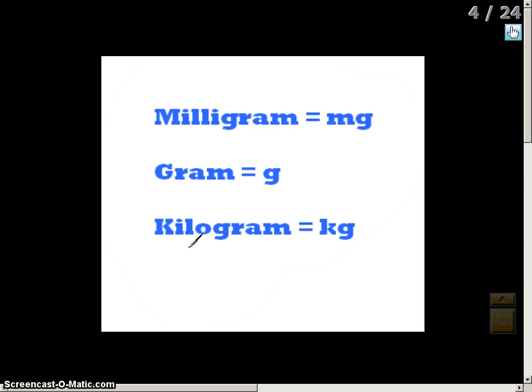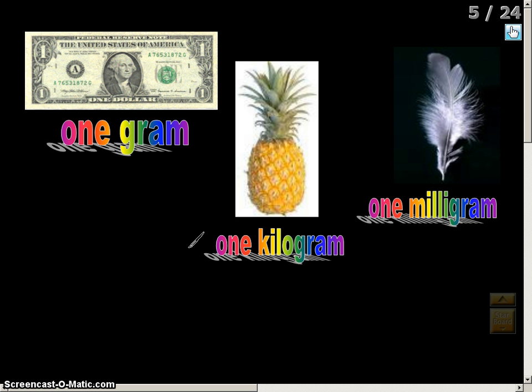Now the important, very common units of mass are milligrams, grams, and kilograms, once again within the metric unit of measurement. So milligrams, mg, grams, g, kilograms, kg for the abbreviations. Now, it's important to understand the weight of a milligram, gram, kilogram.